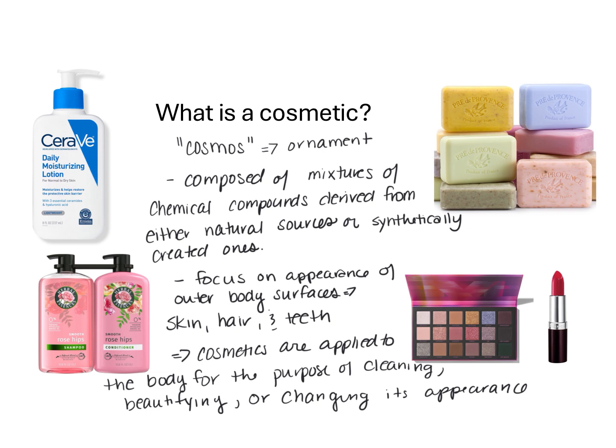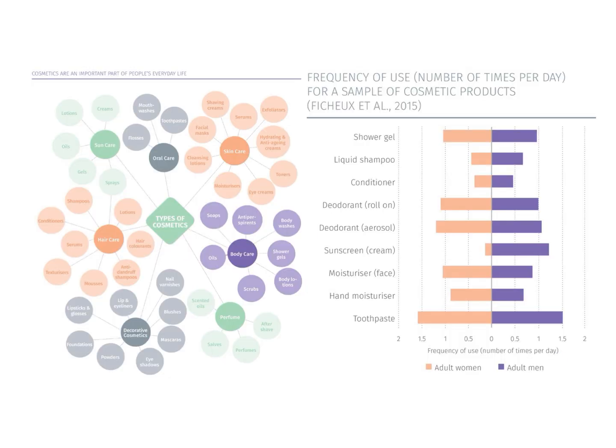Hair dyes are cosmetic products in Europe and the US, but are classified as kind of quasi drugs in Japan. So, different areas of the world can have a different legal definition of what they consider to be a cosmetic.